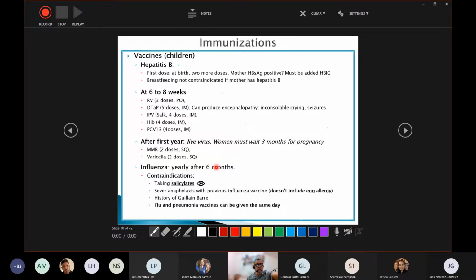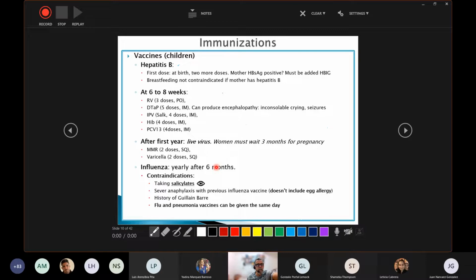So there is a contraindication to vaccinate a child or adolescent who can develop Reye syndrome if they are taking aspirin. Please remember the detail.